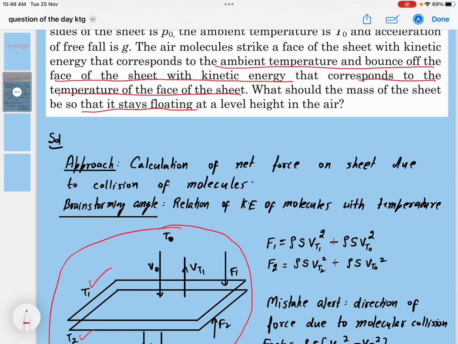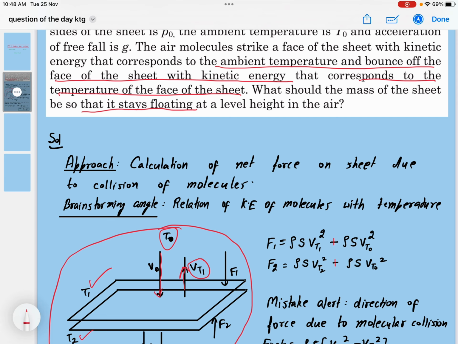It means molecules strike with velocity V0, corresponding to temperature T0, and bounce off with velocity Vt1, corresponding to temperature T1. So after striking, what will be the velocity of the molecules?